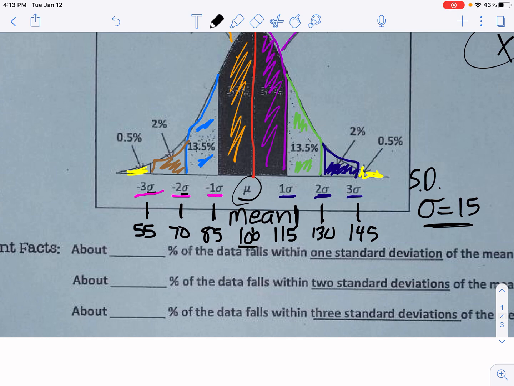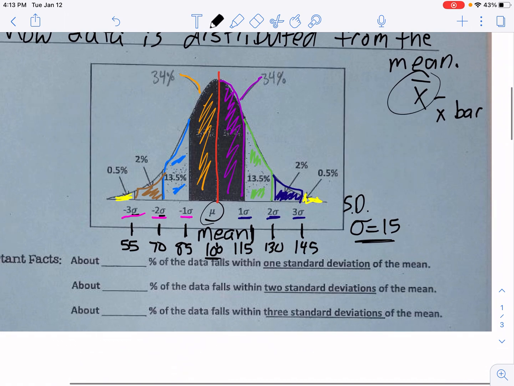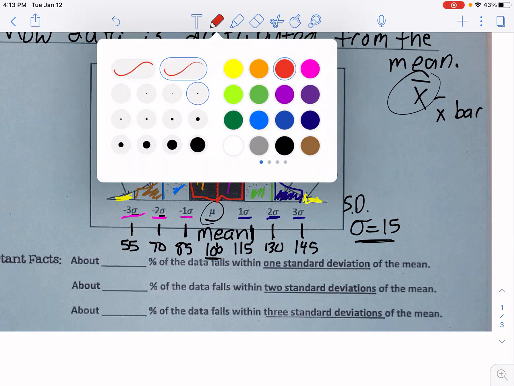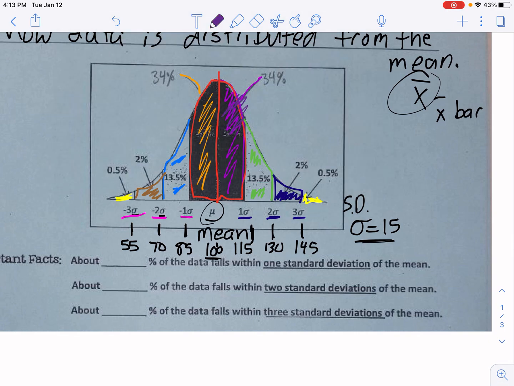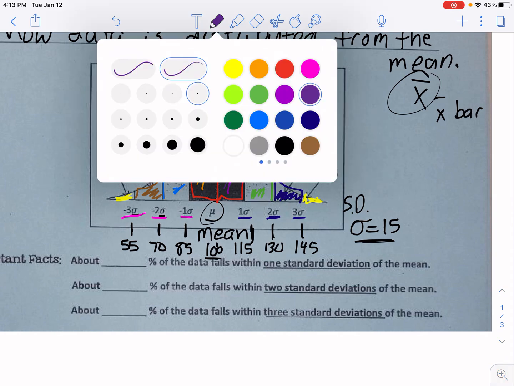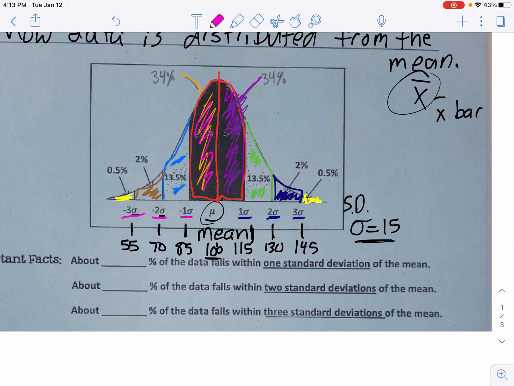Now, within that, if we want to look at the percentage that is 1 standard deviation away from the mean, okay? So remember, we said 1 standard deviation away is both in the negative and in the positive. Well, we said this guy contains 34%. This guy contains 34%.